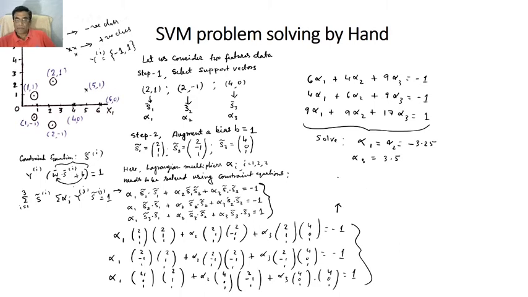So now from the primal solution, the optimal W, we need the optimal value of the parameter.